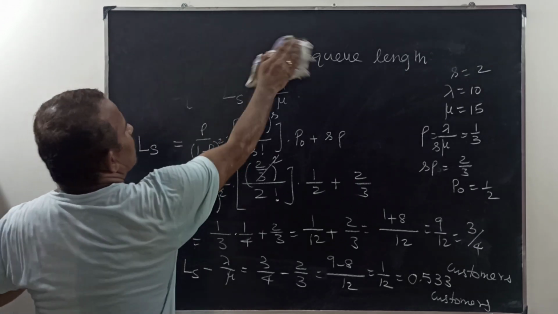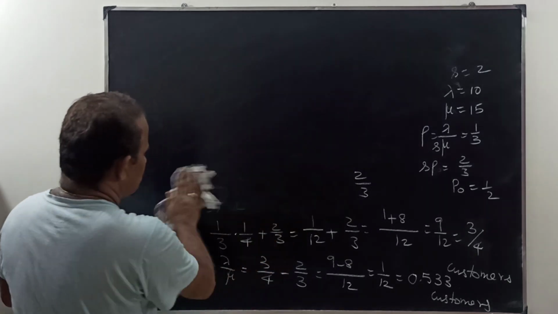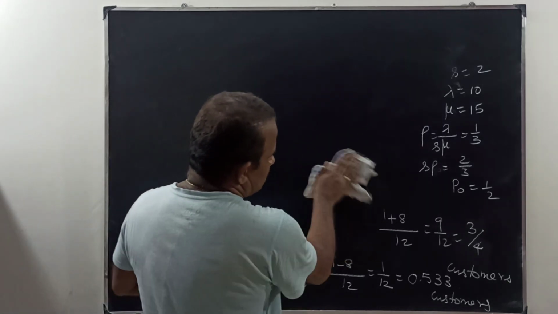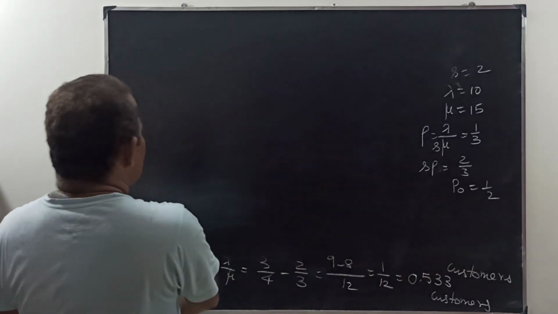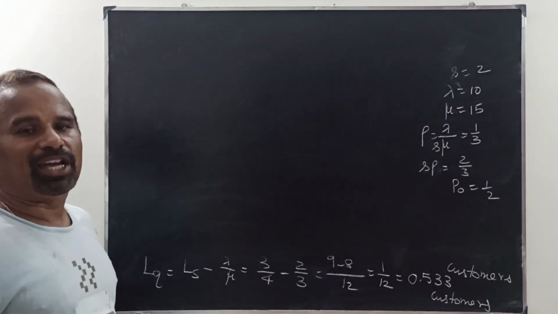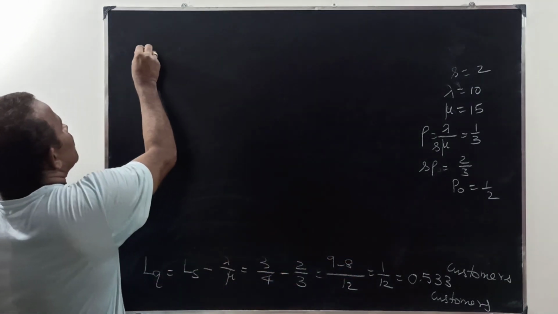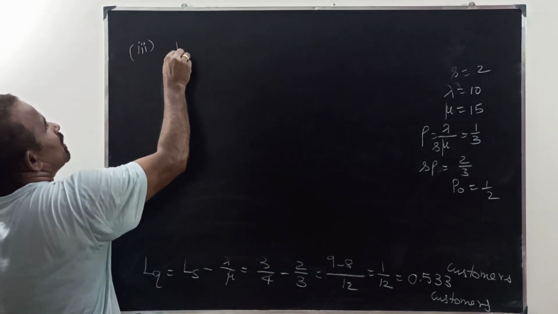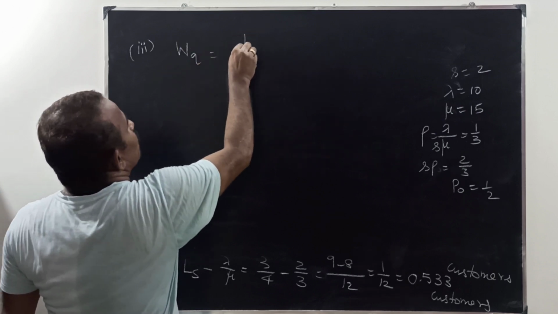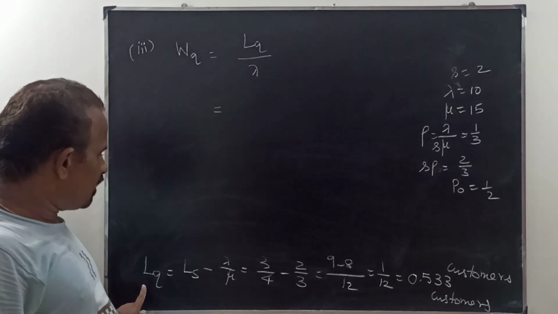And question number 3 is, the average time spent by a customer in the queue. So question number 3 is nothing but WQ, which is LQ divided by lambda. What is LQ?